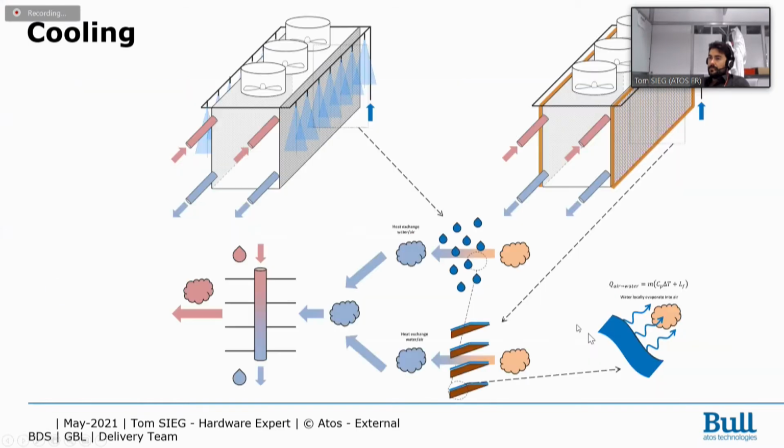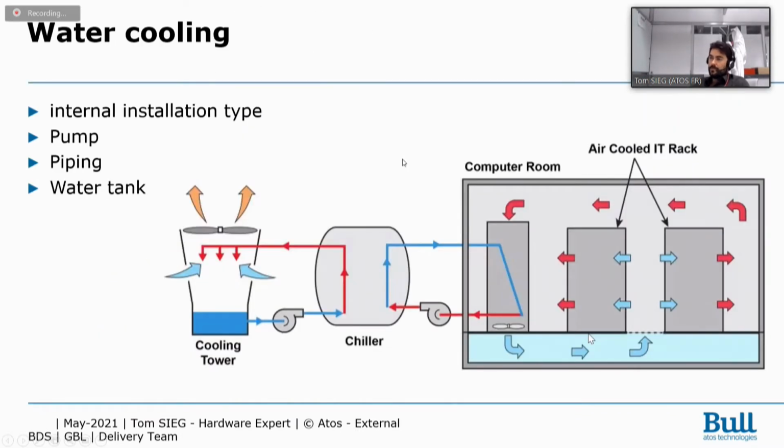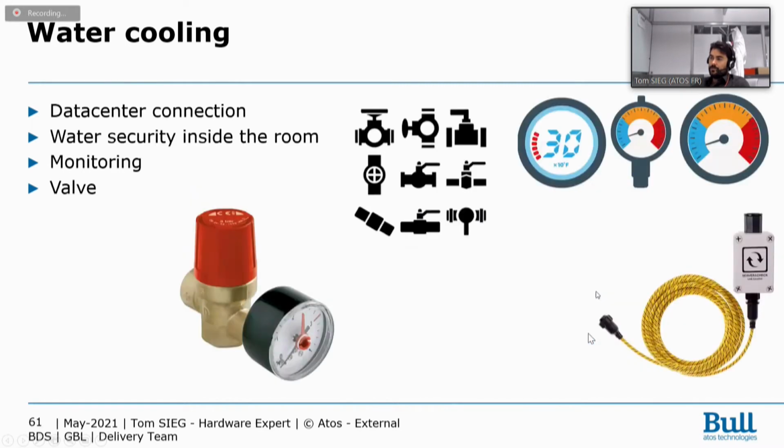But in a closed network like this one or this one, it's possible, in case of leak or change of different components, to get some air into your circuit. So you need to have an air extractor on your circuit, or at minimum some security to be sure you will not put air into your pump or other components that really dislike air.